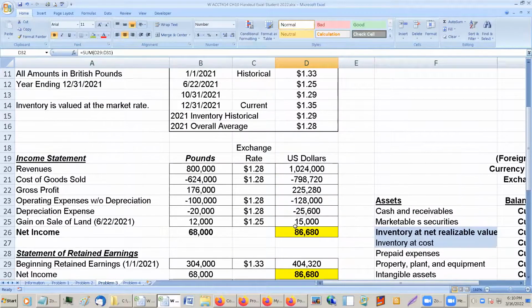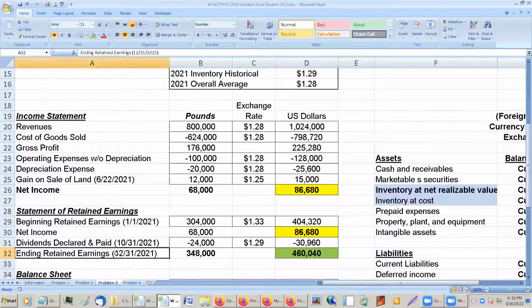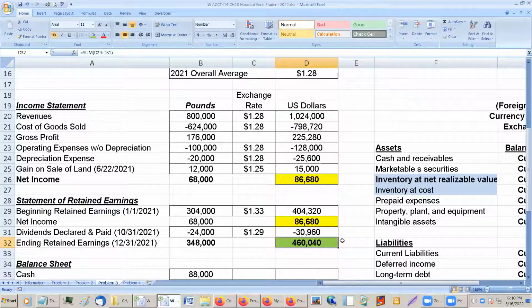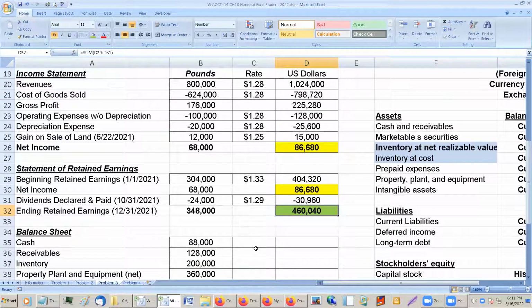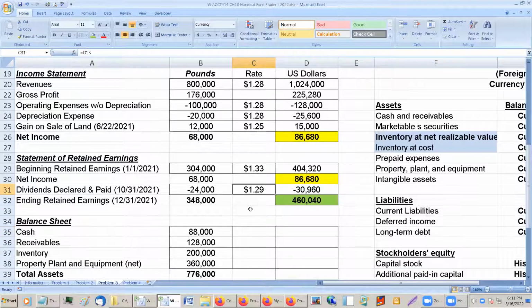And by the way, when they tell you that it's going to be a composite, this is why, because it goes in at all different rates. The income's at different rates, dividends are at different rates, or they can be anyways. So they tell you it's a composite. Did you guys get that though? 460.40. Yeah, that's what I got.